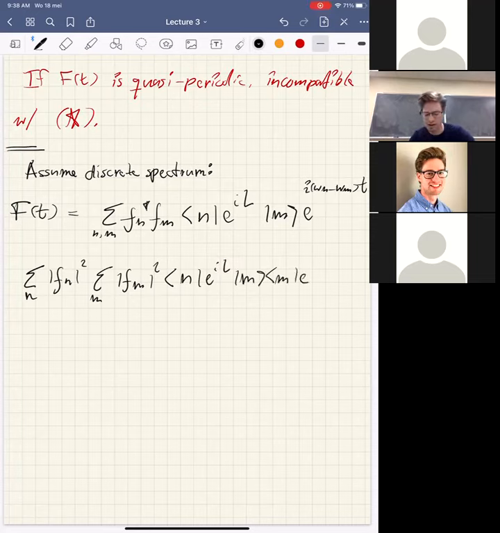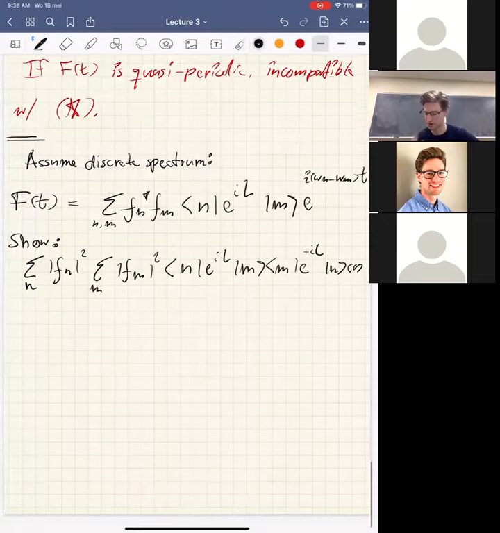We basically take the square of these coefficients that are appearing in front of this exponential. So what we want to show is that these coefficients are bounded by infinity. And if that's the case, then this function f of t is quasi-periodic.